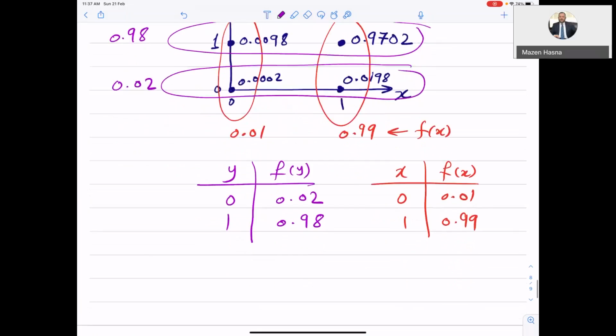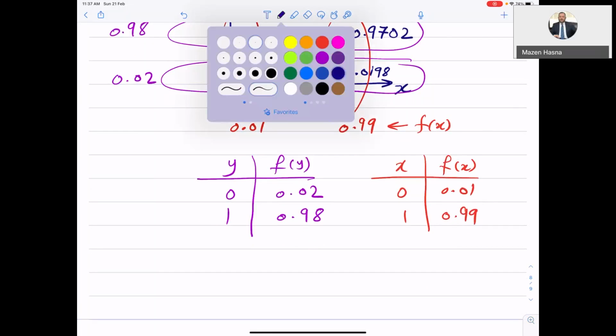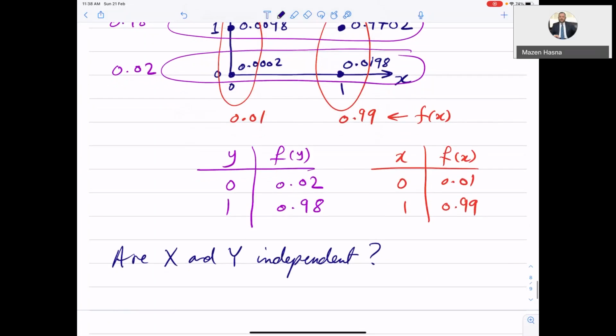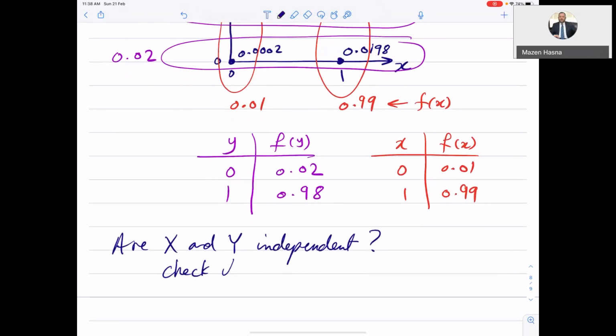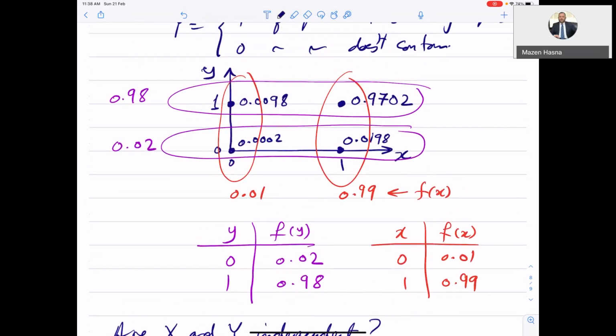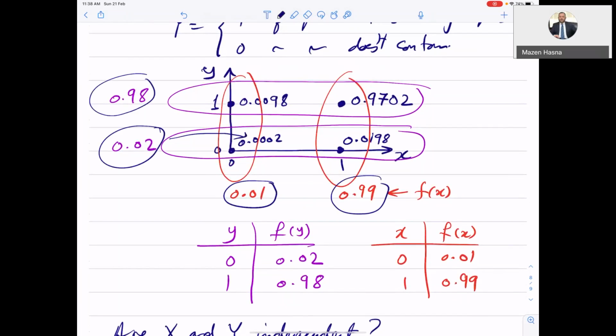So are x and y independent? We need to check if f of x and y equals f of x times f of y, which means we need to check whether f of x times f of y will give you the joint. When we multiply 0.99 times 0.98, does it give us this?